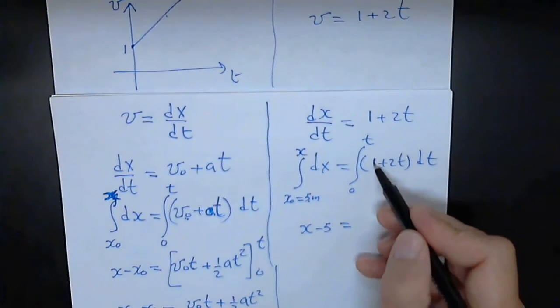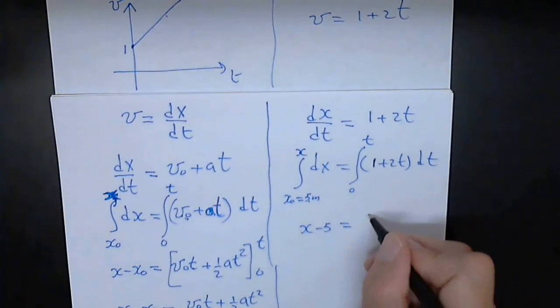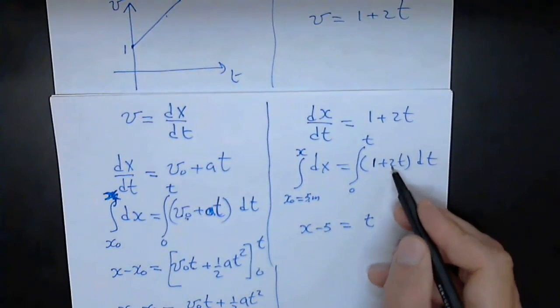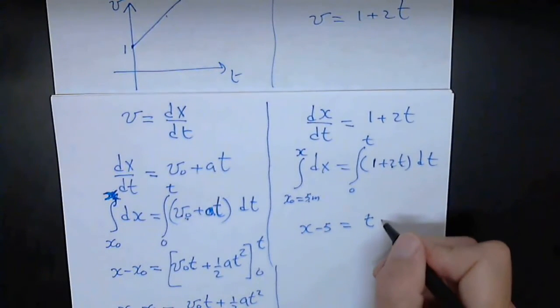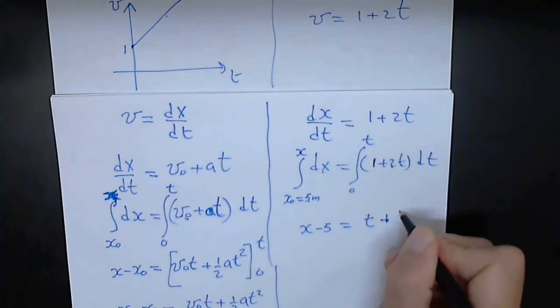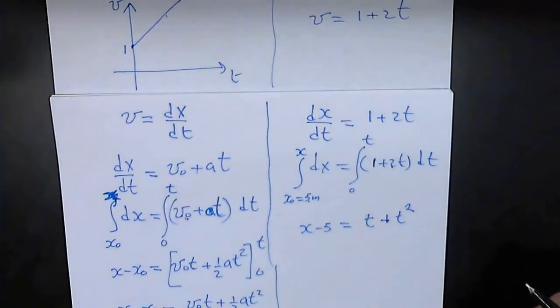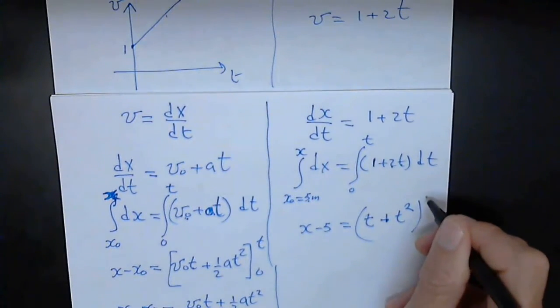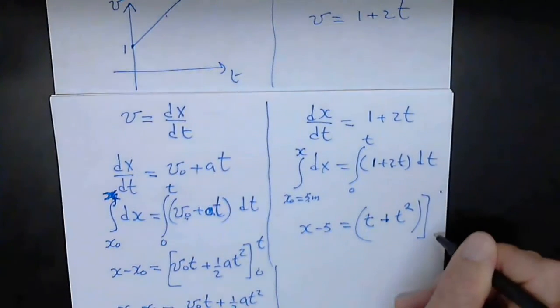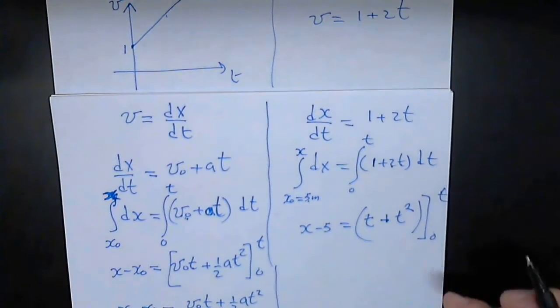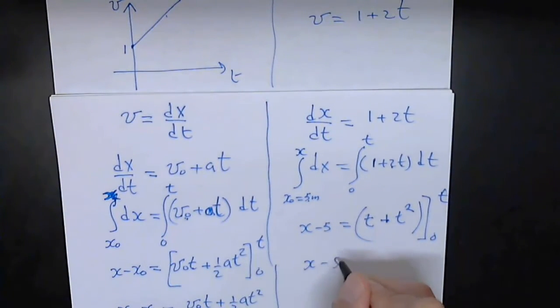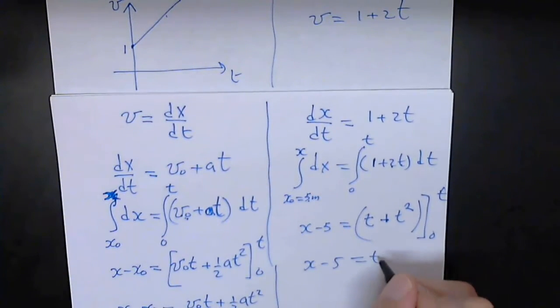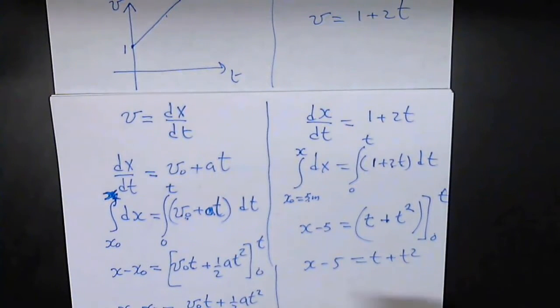And here the integral of 1 is t. The integral of 2t is t squared. And this is from 0 to t. So you get x minus 5 equals t plus t squared, or x equals 5 plus t plus t squared.